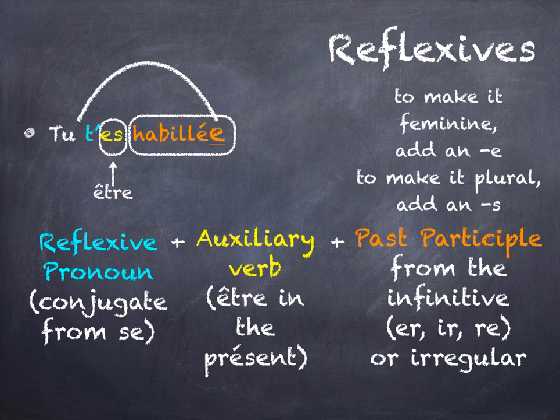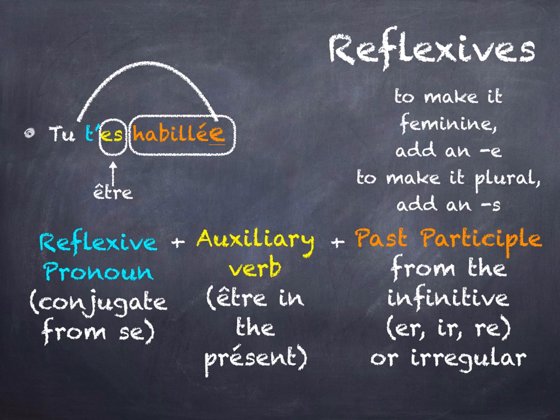Susan is still a girl, even though I'm using the word tu, you, because I'm speaking directly to Susan, but she's still a girl, so I still have to make sure that my past participle matches her actual real life gender. She is still a she, that makes her still feminine, so therefore we still need the E.